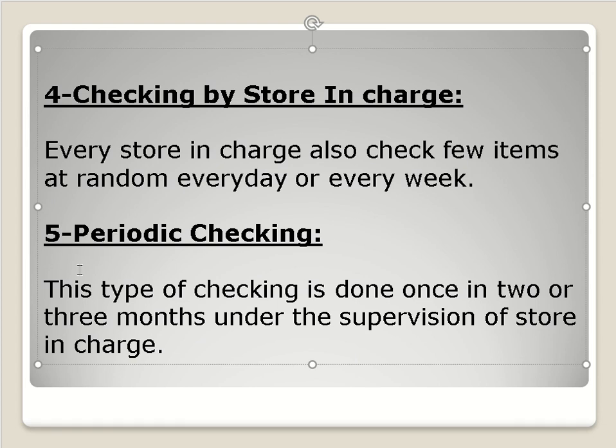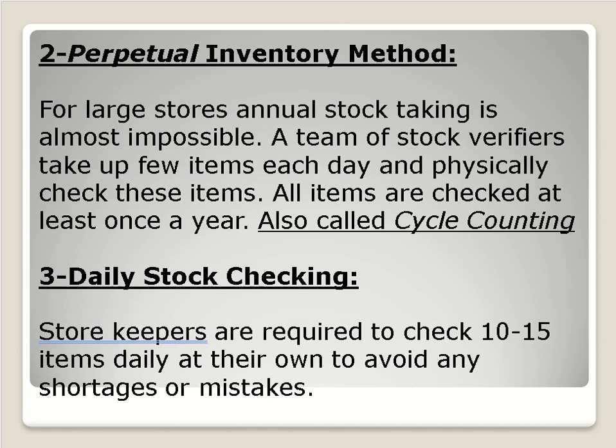in charge. So basically, when you do periodic checking or checking by store in charge, this in essence is called cycle counting. Even this daily stock checking. What is differentiated here is that you are doing it, maybe it's every week, every day, every month, or every 3 months, and that's one.